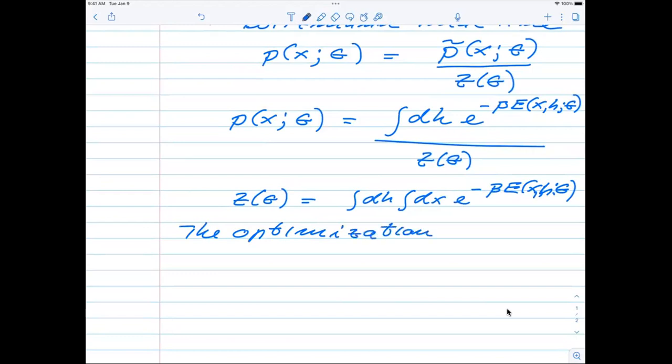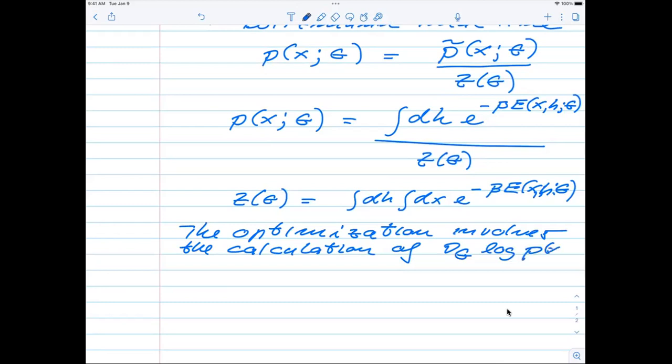The optimization involves then the calculation of the gradients of the log of the probability distribution as a function of x.